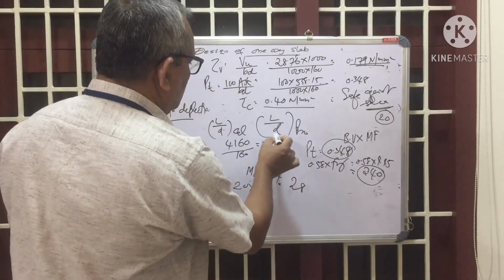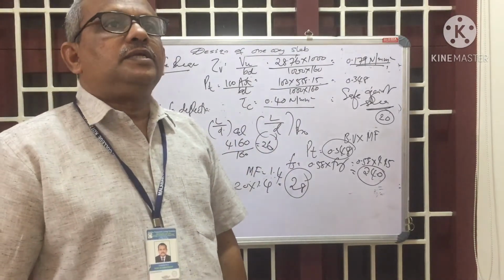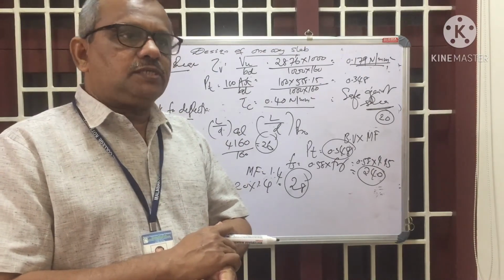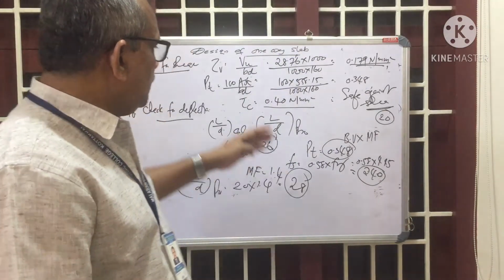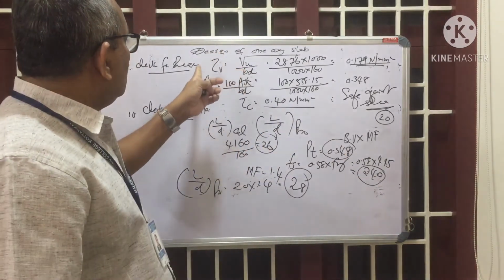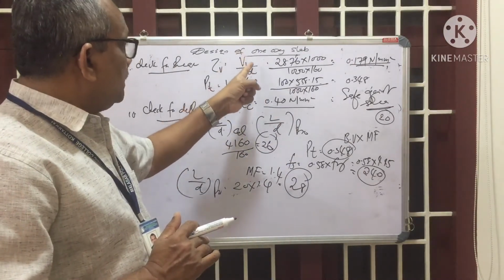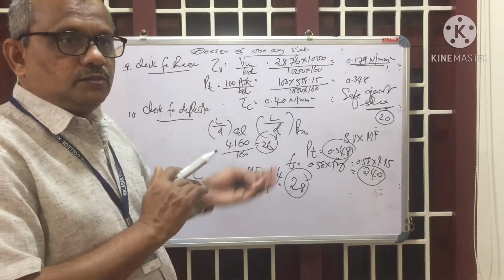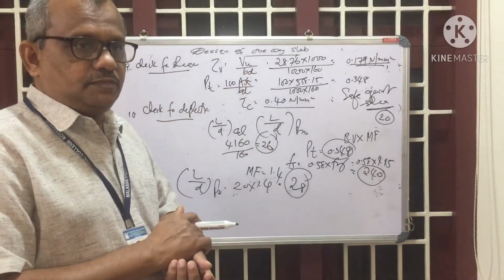Previously we got the ratio 26, and this one, 28, is greater, so the calculated ratio is less than the proposed ratio, and therefore the slab is safe against deflection. So calculate both L by D ratios and compare for the deflection check. For shear, calculate the nominal shear stress and the design or maximum shear stress and compare. From these two you will get the checking for shear and deflection.